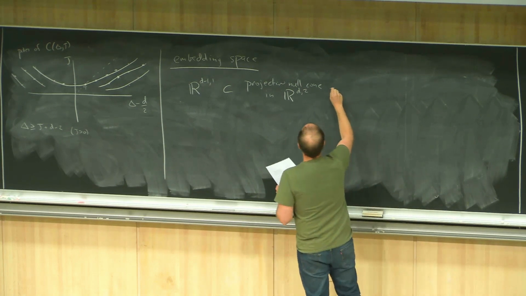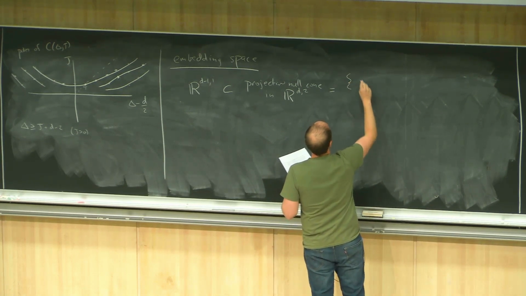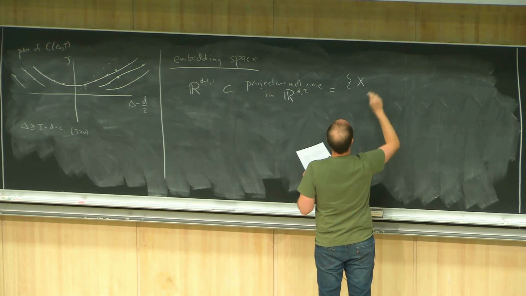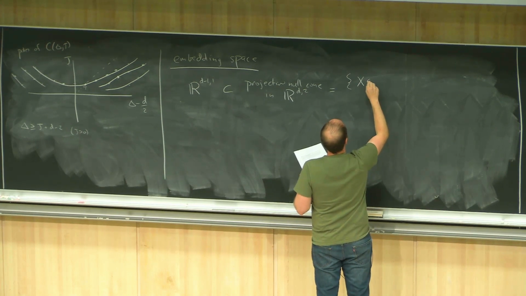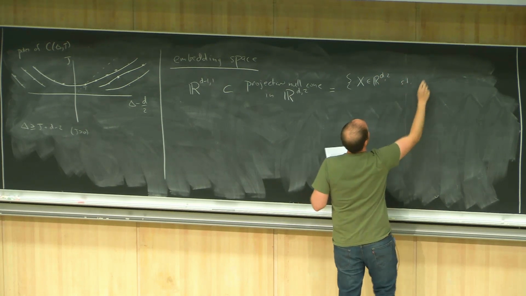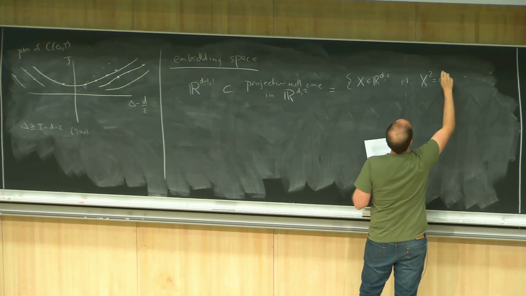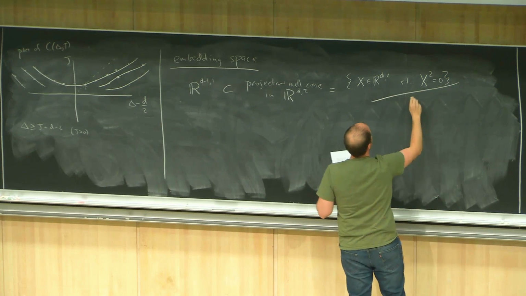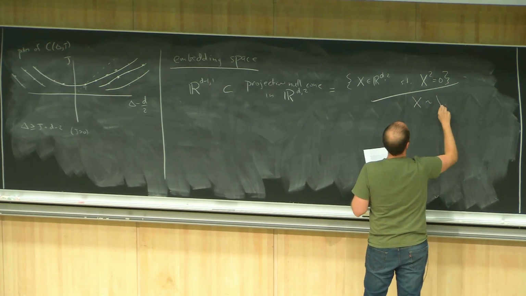What those words mean is it's the set of points x in R^{d,2} such that x squared equals 0. And projective means that we mod out by rescalings of x.